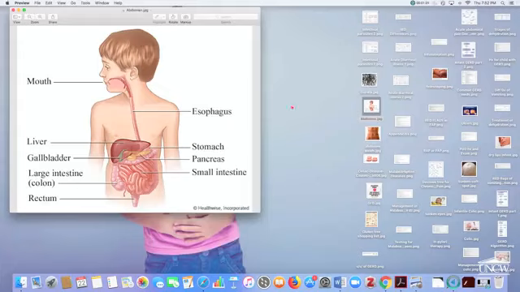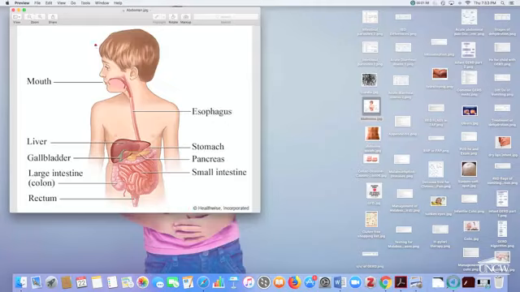But again, just know that the gastrointestinal system begins in the mouth, goes on through the esophagus, and includes all of the gastrointestinal organs. And that is the liver, your gallbladder, which the liver and gallbladder are connected, your stomach, which is over here on the left side of the body, pancreas, your small intestine, which then leads into your large intestine and your rectum.